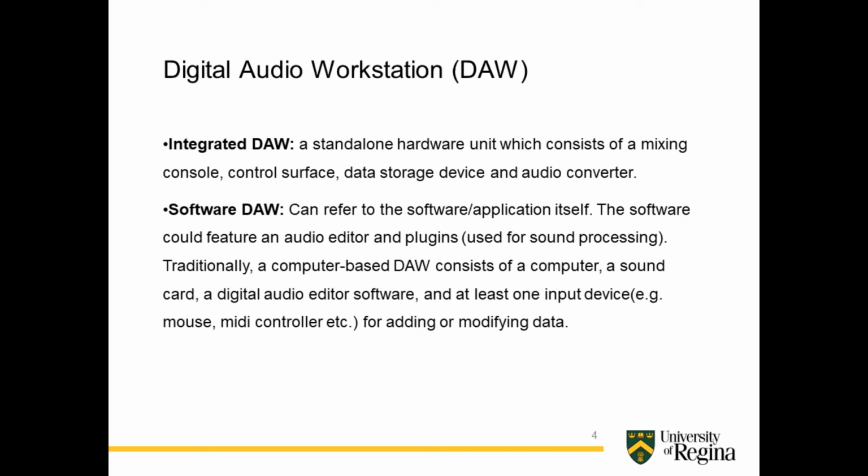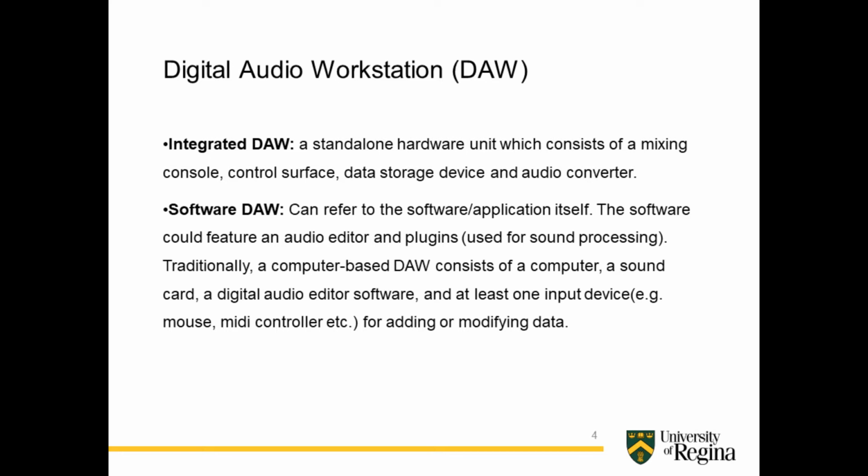These integrated DAWs were really popular before the popularity of personal computers. So back in the 80s and 90s, personal computers were still very expensive and not a lot of people had access to them. This was when integrated DAWs, these hardware units, were really used, and they were used by large professional audio recording studios.